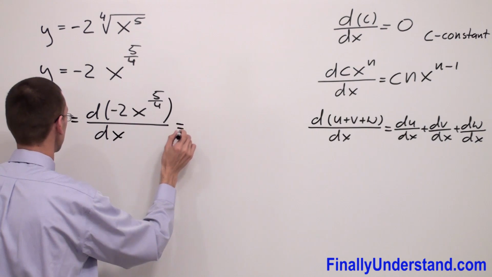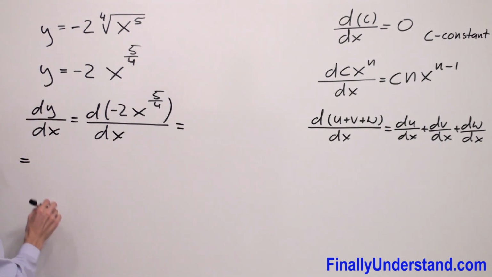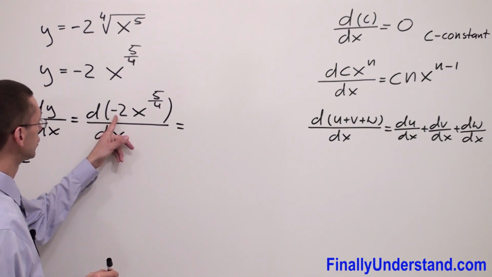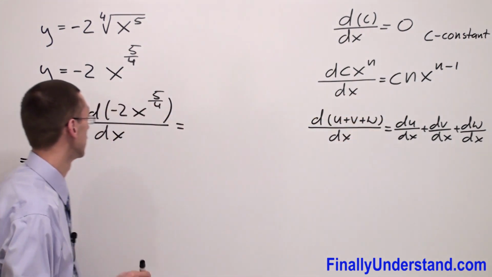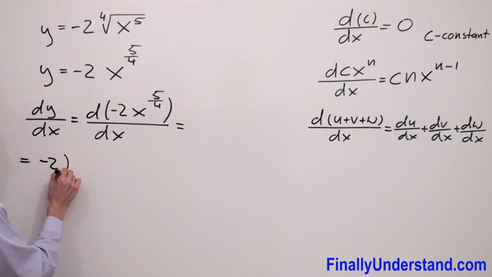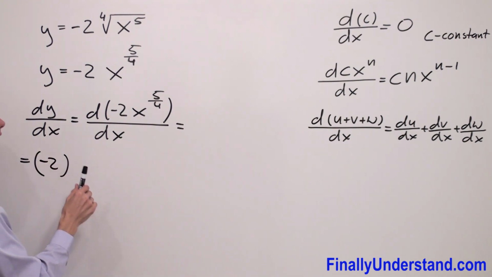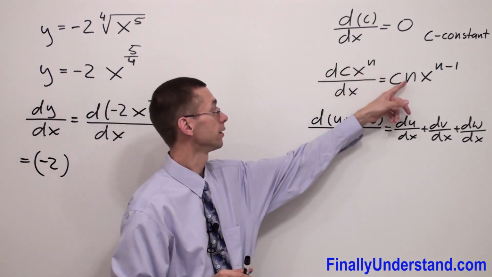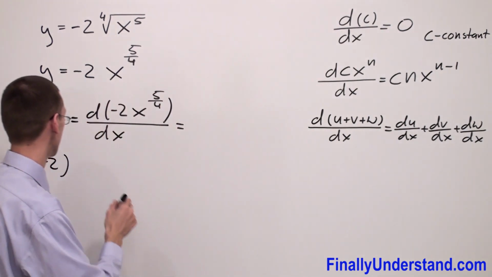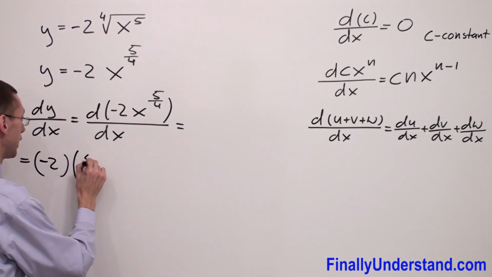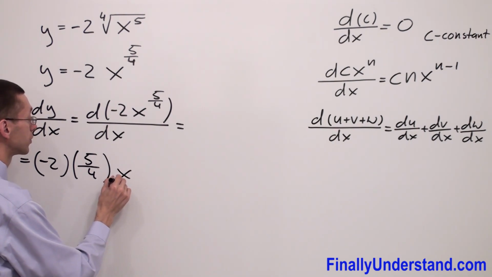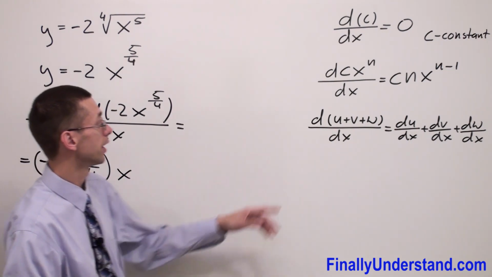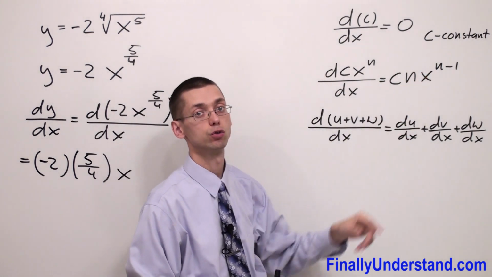Okay, this is equal to my constant, which is negative 2, which has to go to the front. So I have negative 2 times exponent n, so I have 5 over 4 times x to the exponent n minus 1.